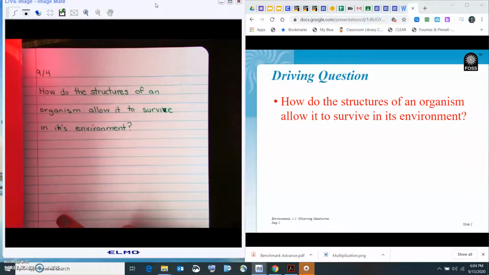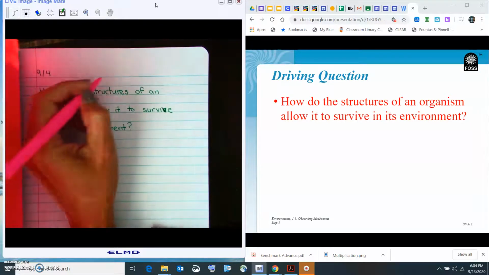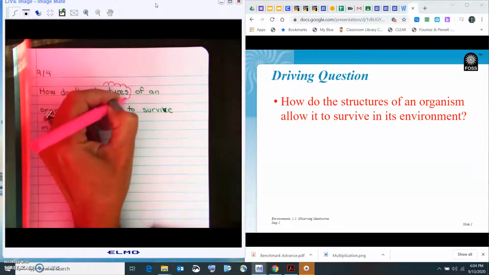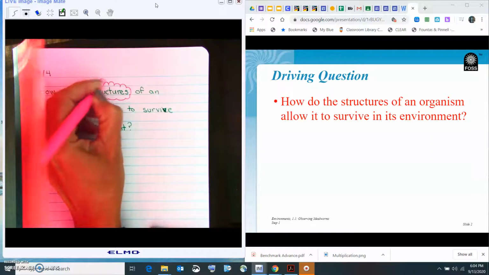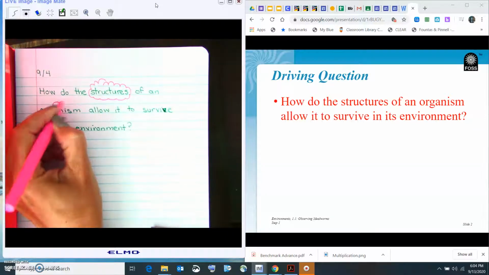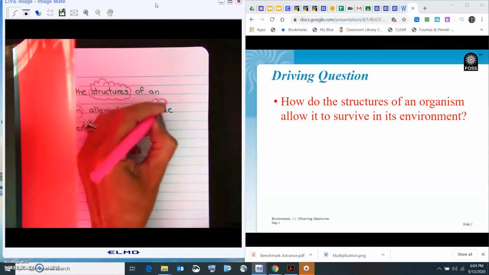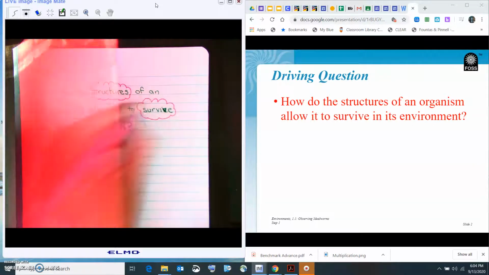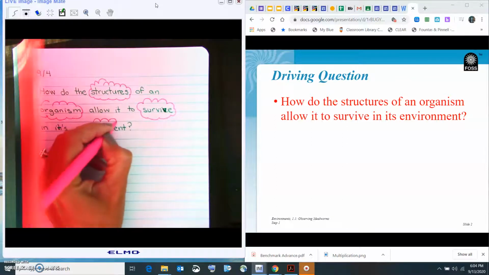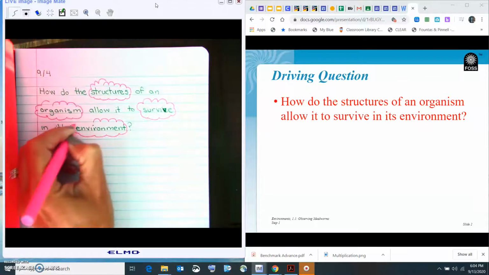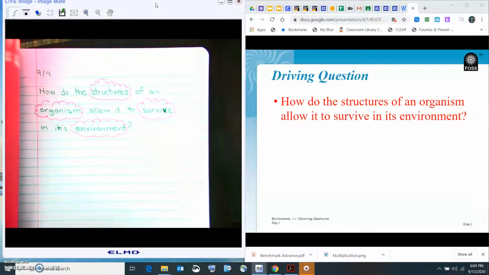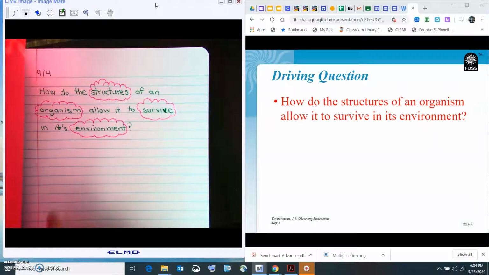And the words that we're going to talk about are structures. I want to make sure you know what the word structures mean. Organism. Survive. And environment. So we're not just talking about how the animal looks. We're talking about the parts of an animal that allow it to survive.